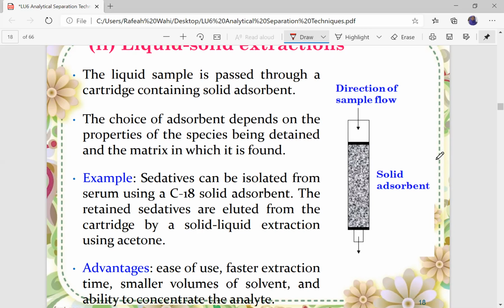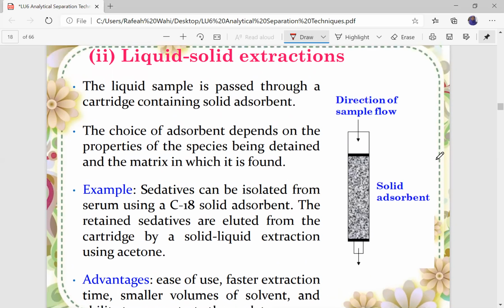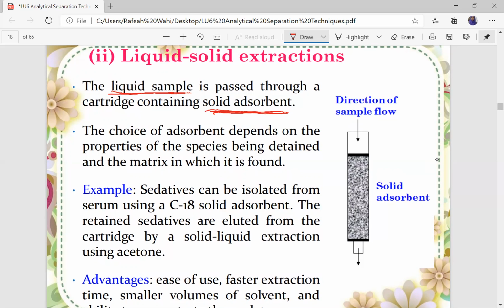A carbon filter is one example of how you use liquid solid extraction to separate impurities and contaminants from your water, and that's why you get pure, clean water to drink, and all the contaminants are trapped inside the carbon filter. The carbon filter is the solid adsorbent, and your liquid sample is the tap water coming into your carbon filter. So that's one very simple example of liquid solid extraction.